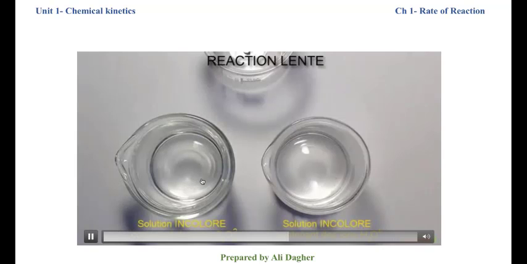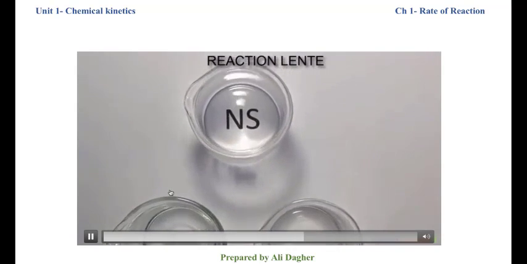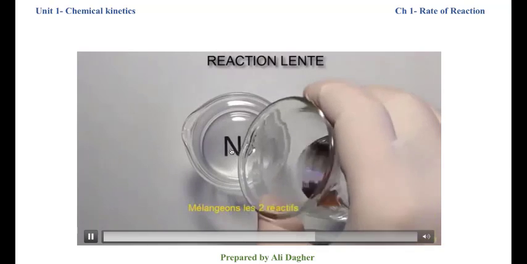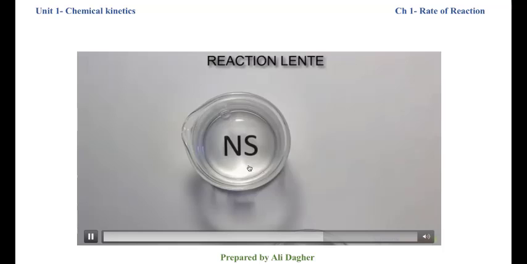This is an example of a slow reaction between sodium thiosulfate in the first beaker, a colorless solution, and the second beaker containing hydrochloric acid, also colorless. In this beaker, we write the letters NS, and we add the colorless solution of sodium thiosulfate.